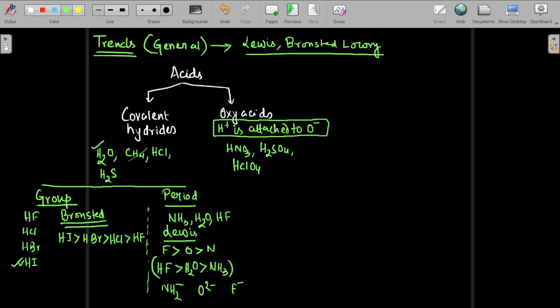If HF is the best acid, then definitely the stability of F minus will be much more, because good acids have stable conjugate bases. So this is the stability of the conjugate base.